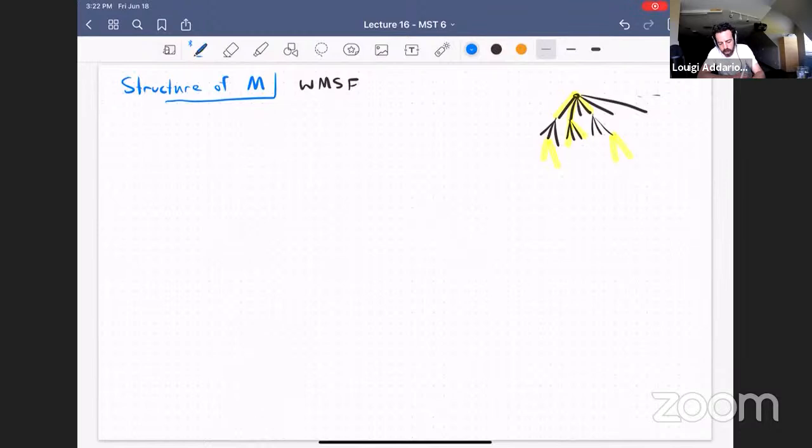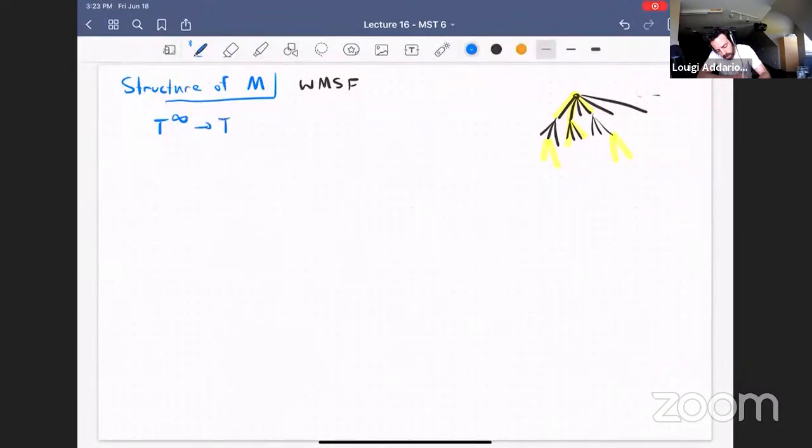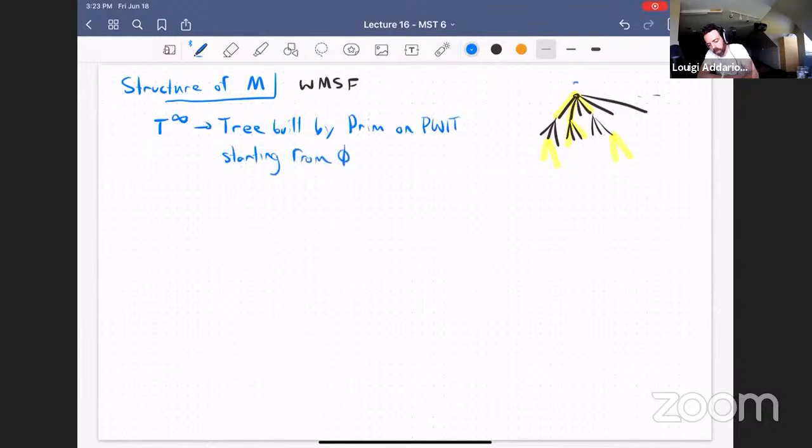Another one is what I'll call T infinity. T infinity will actually be the crux of the analysis. This will be the tree built by Prim's algorithm on the PWIT starting from the root.